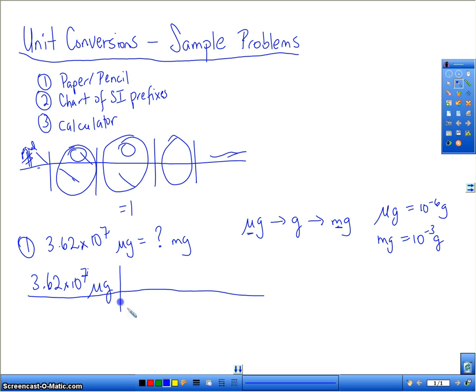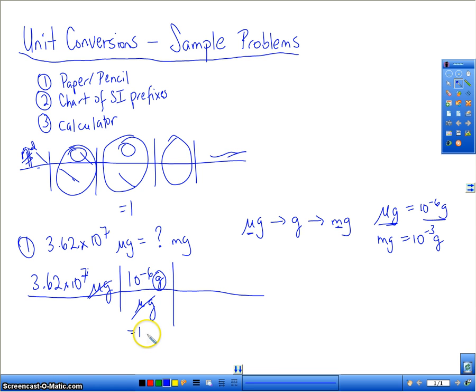The first thing I'm going to do is cancel micrograms and get into grams. So I'm going to put a microgram on the bottom and 10 to the minus 6 grams on the top, since they are equal to each other, and that makes a fraction equal to 1. This fraction that's equal to 1 has the job of canceling micrograms and getting me into the unit of grams.